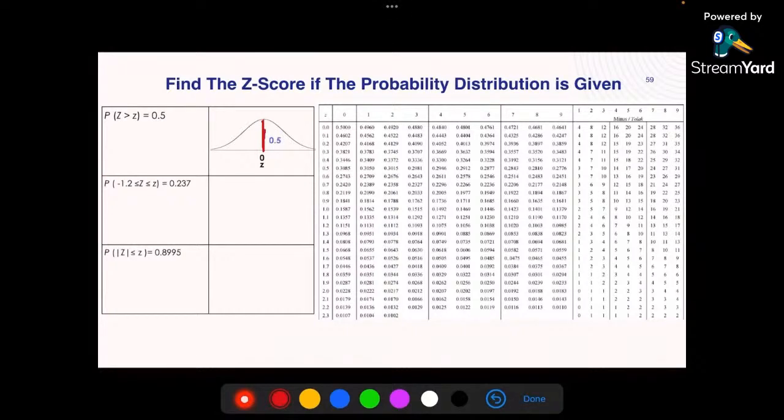So bila greater than Z 0.5 mestilah kawasan ni kan 0.5. So Z dia akan jadi automatically will be 0. So dekat situlah kita cuba kat situ 0.5, so dia adalah 0. Kalau 0.5 sini kan. So 0, 0. So Z adalah 0.